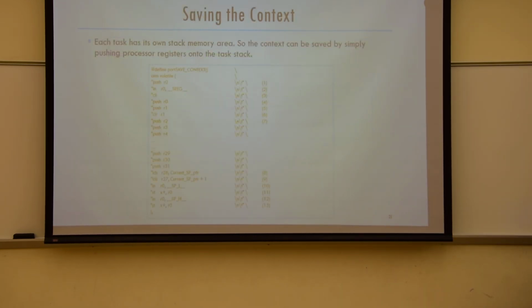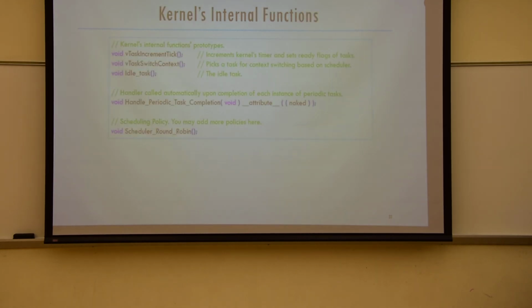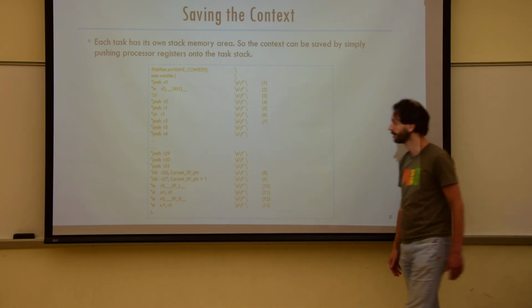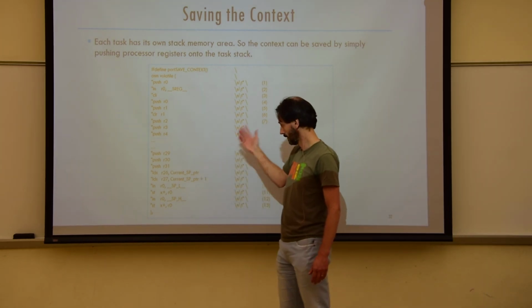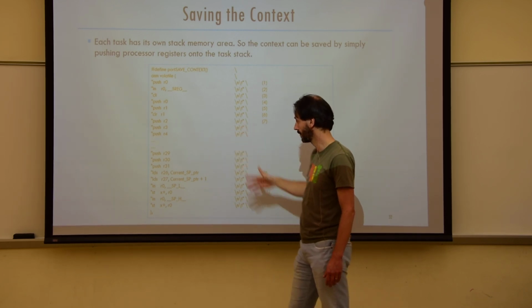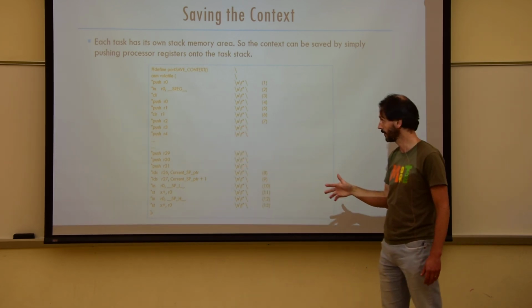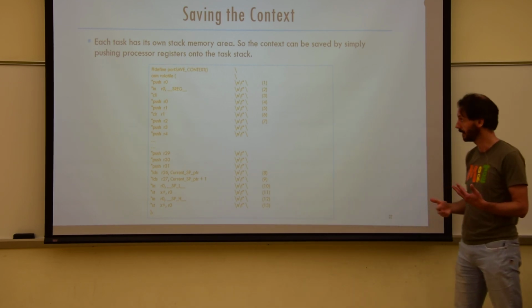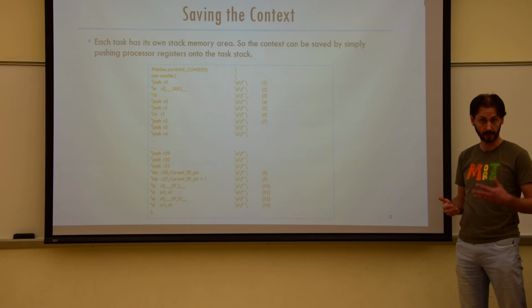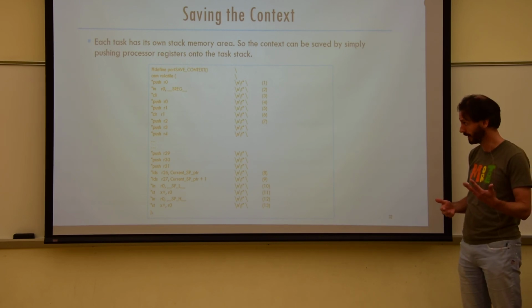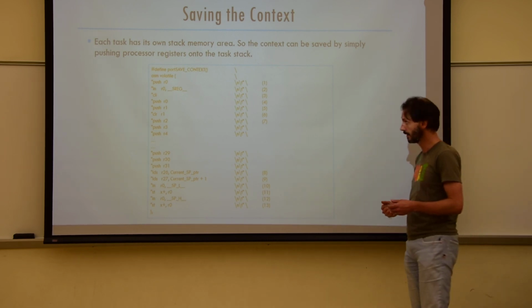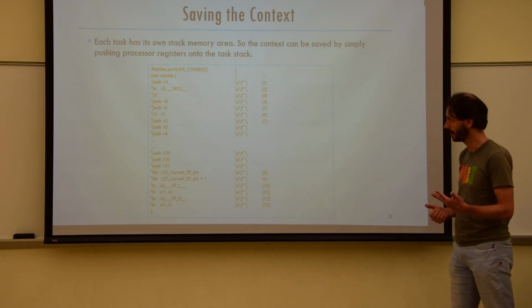So what's going to happen here? How are we going to save the context? This is effectively a repetition of the earlier slide with the earlier code. Remember that if we now call the timer 1 RTOS tick interrupt service routine, we gave it an extra argument called naked.